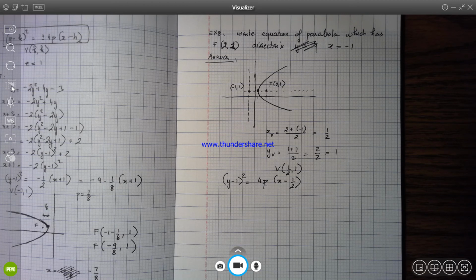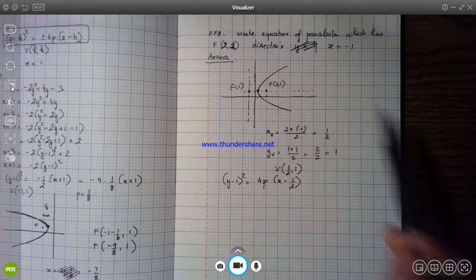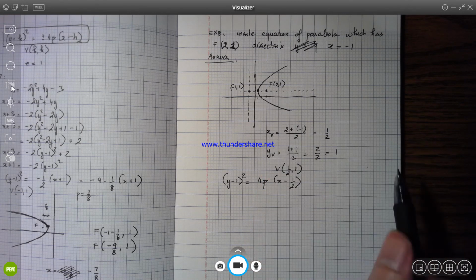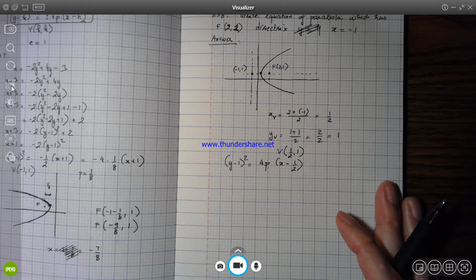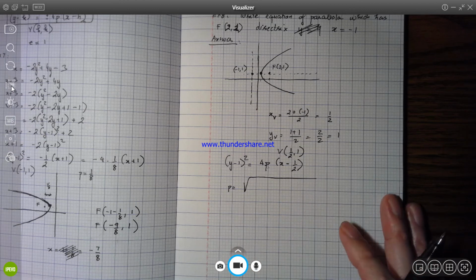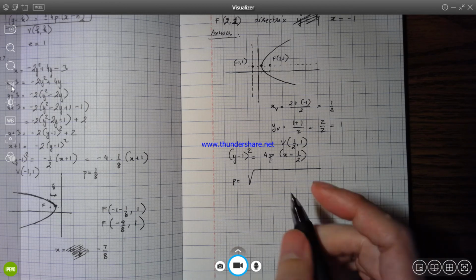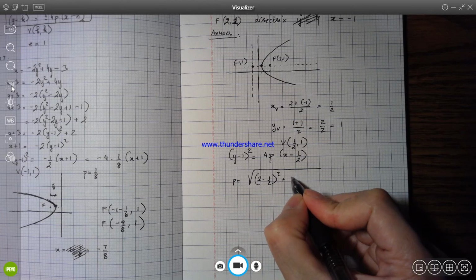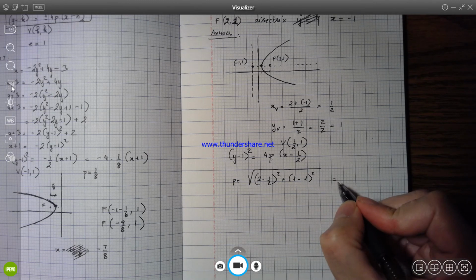What is p? p is the distance between the vertex and F, which I can find using the distance formula: square root of (xf minus xv) squared plus (yf minus yv) squared. So it's 2 minus a half, squared, plus 0. This gives you 3/2.